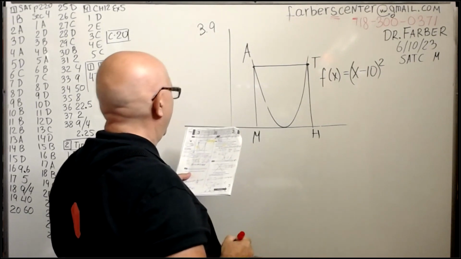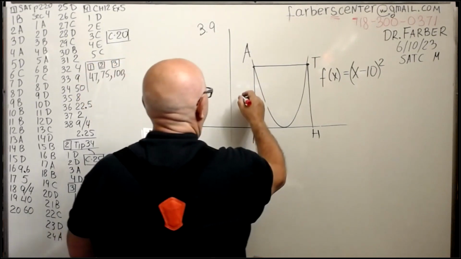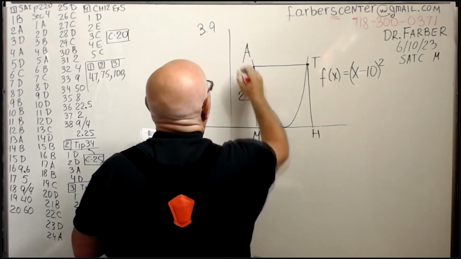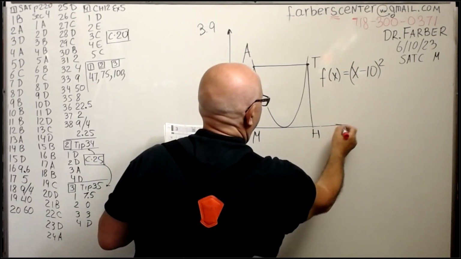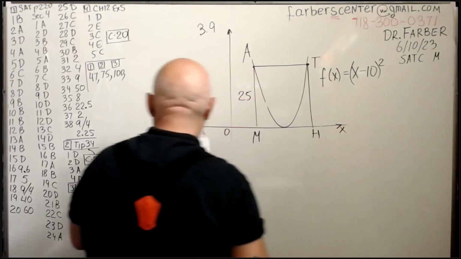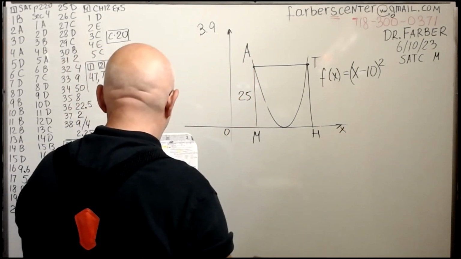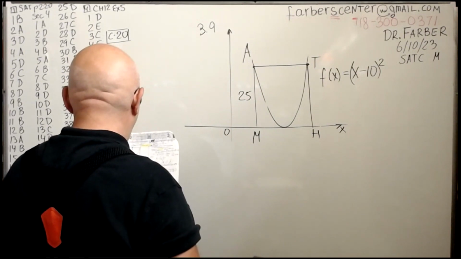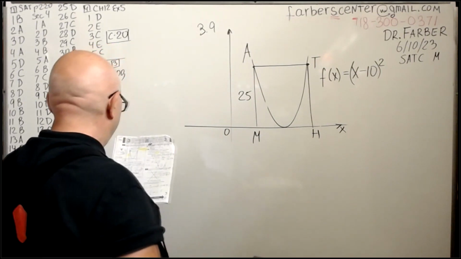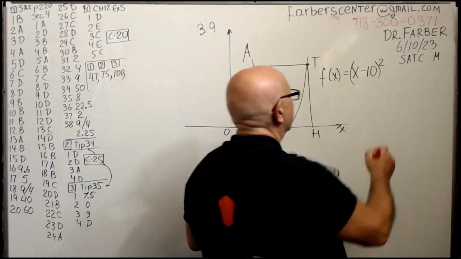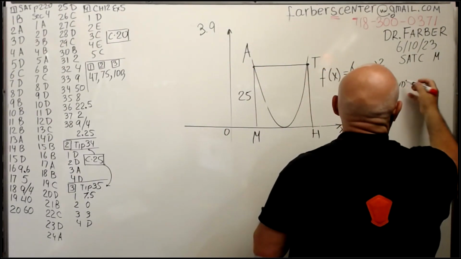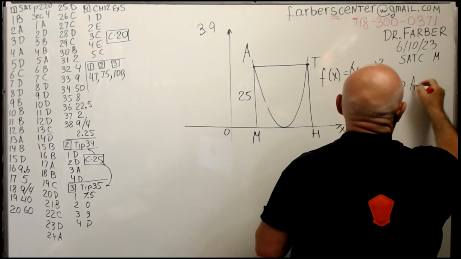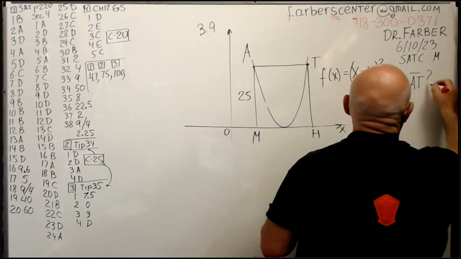Okay, MA equals to 25. Y, origin, X. Okay. What is the length of AT? AT. Fine. AT. This segment.